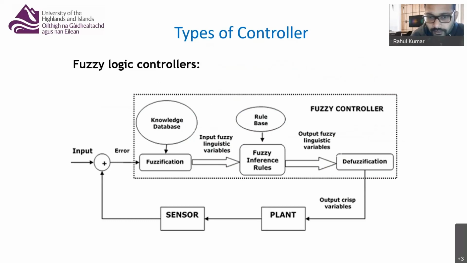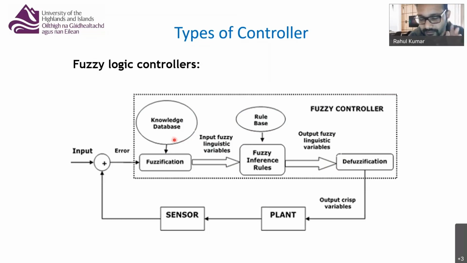Overall, if you look at the entire block diagram, it looks like a closed loop system, right? Now, in the forward path, you have some knowledge or data. As I mentioned, you have some collection of data or some knowledge that this is how generally I want my controller to operate.